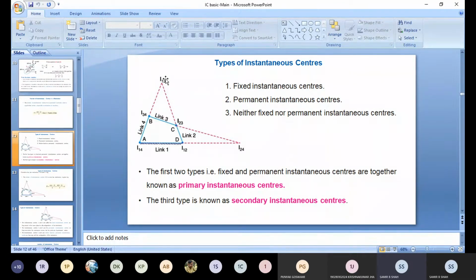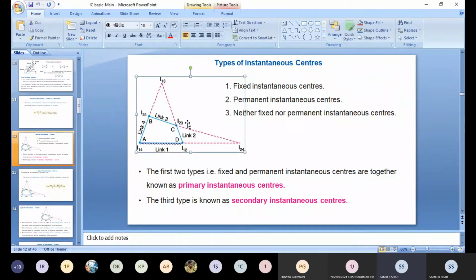As I've already mentioned, there are 3 kinds of instantaneous center. The first is the fixed instantaneous center, the second is the permanent instantaneous center, and the third is the neither fixed nor permanent instantaneous center. If you look at the figure very carefully, it is very easy to find the fixed instantaneous center.